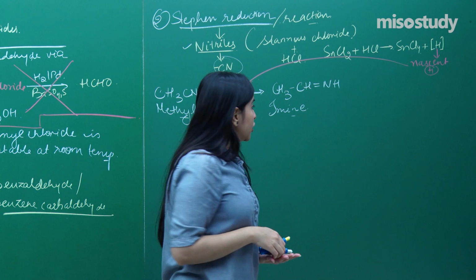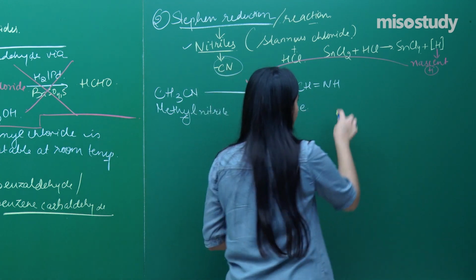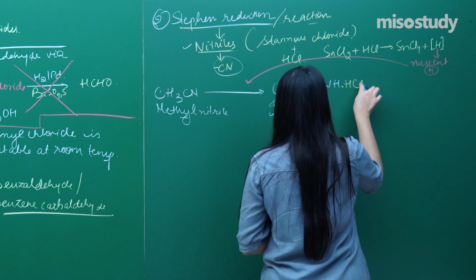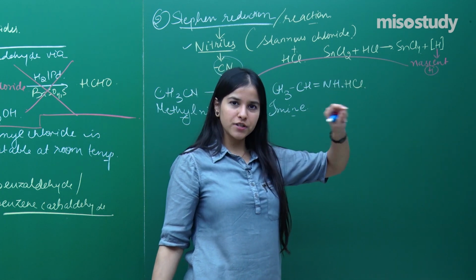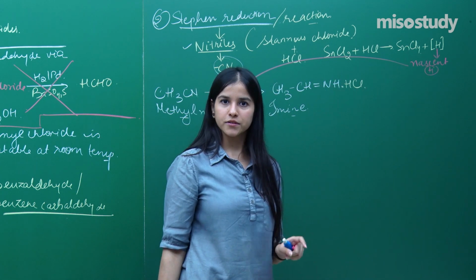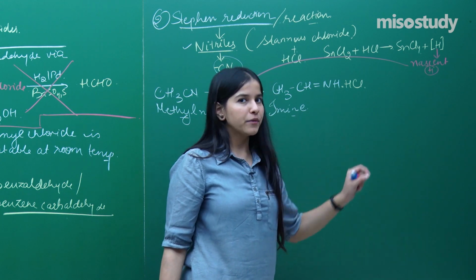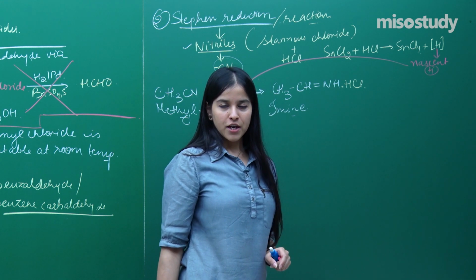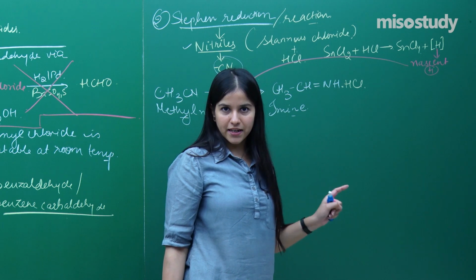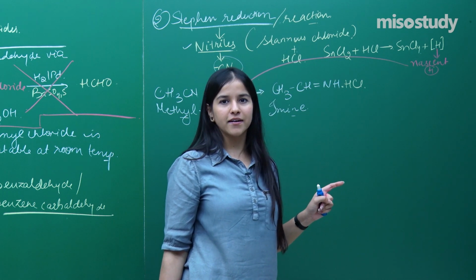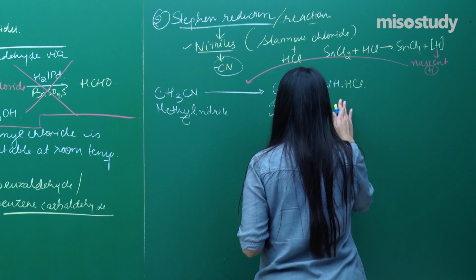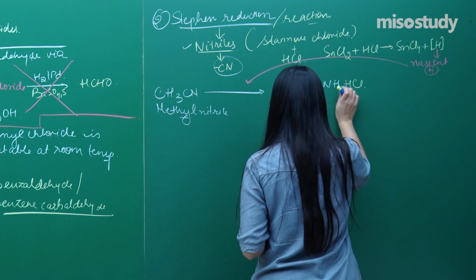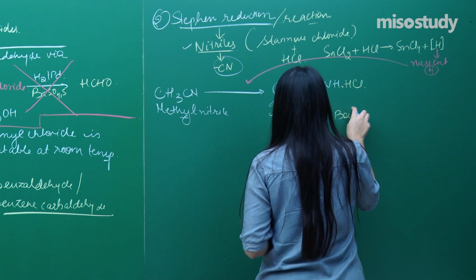Right. So, this particular imine actually forms a sort of complex, associated with the HCl molecule, fine. This is the intermediate state that I have. After that intermediate state, there is boiling water.